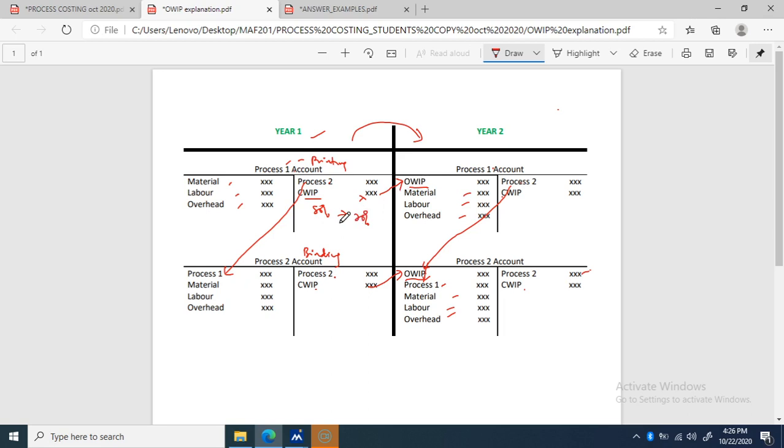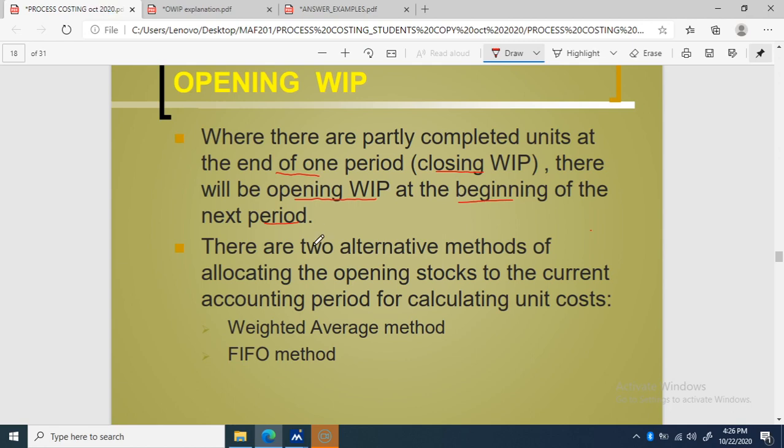For example, for this OWIP, 80% of the cost was in year 1, so another 20% is cost in year 2. How should we treat this OWIP? There are two alternative methods, weighted average and first in, first out. Today we'll refer to weighted average.